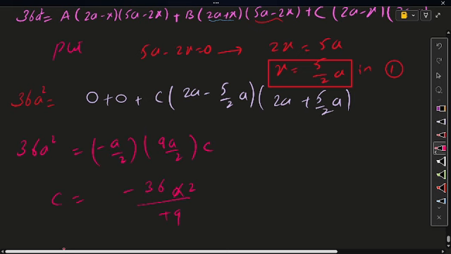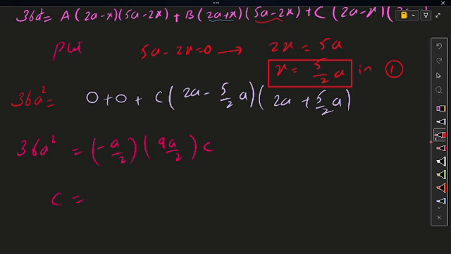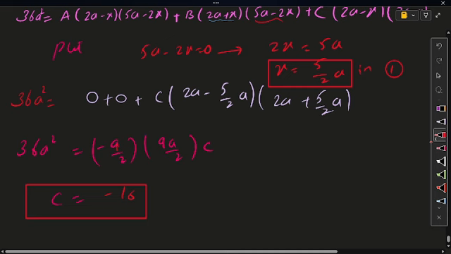So c value would become 9 times 9 would become 36, and that would be minus 16. Yes, so c value would become negative 16.